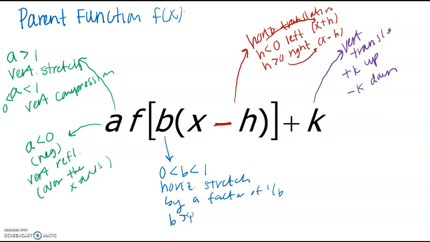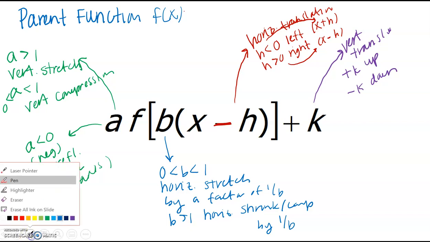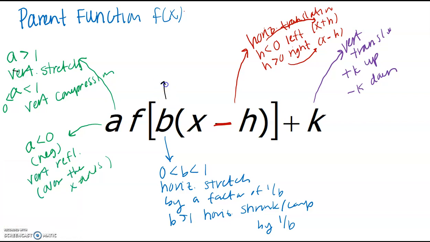If b is greater than 1, that's actually going to be a horizontal shrink or compression by 1 over b as well. The last thing we're going to have on the inside, dealing with negatives. If we have a negative in front of the x on the inside, that's going to be a reflection over the y-axis, basically a horizontal reflection.